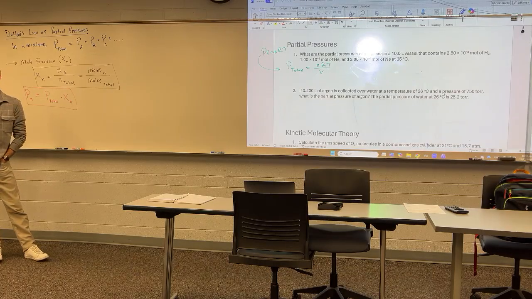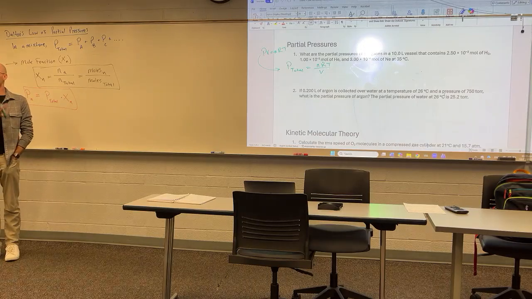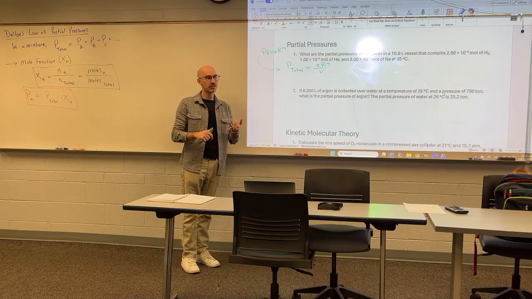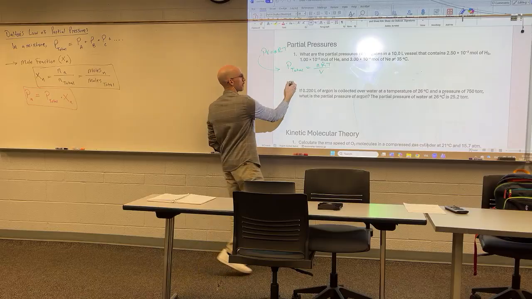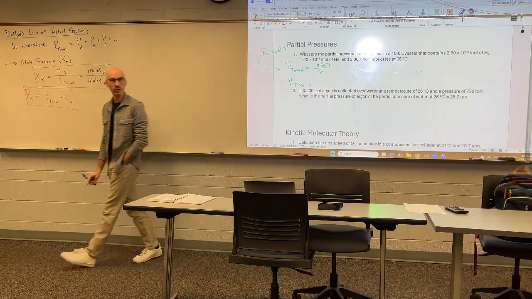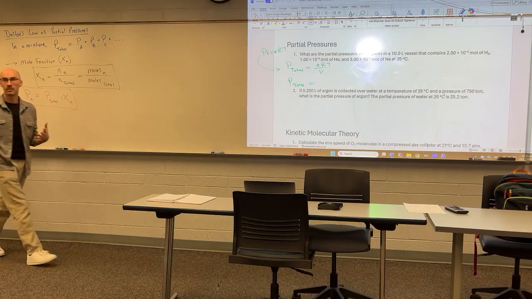Now we're not told what pressure unit we need to be in, which means we can choose any pressure unit that we want to. We could use atmospheres, we could use kilopascals. That will change which R value we want to use. P total is equal to, well, which number of moles do I want to choose? I'll need to use all of the moles because they're all contributing to the volume and the pressure.